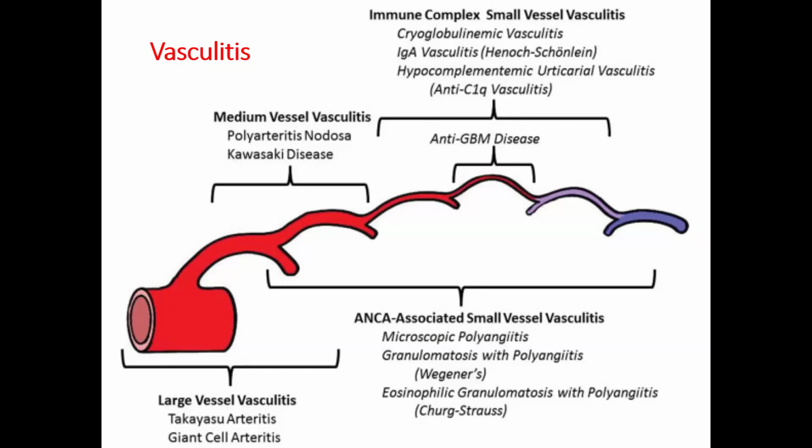We have large vessel vasculitis, we have medium vessel vasculitis, and we have ANCA associated small vessel vasculitis, and we have immune complex small vessel vasculitis. Again, you have large and medium and small. The small are immune complex small vessel vasculitis and ANCA associated small vessel vasculitis.